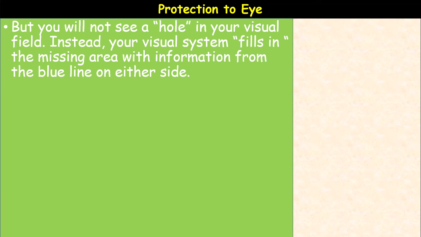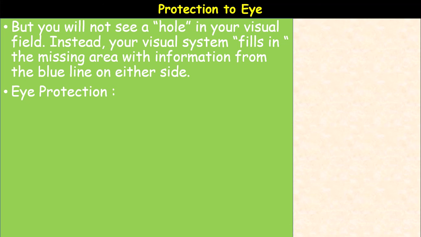But you will not see a hole in your visual field. Instead, your visual system fills in the missing area with information from the blue line on either side. That is the experience when you close your right eye and bring a book close to the left eye, about 8 to 10 inches; then you will find nothing.